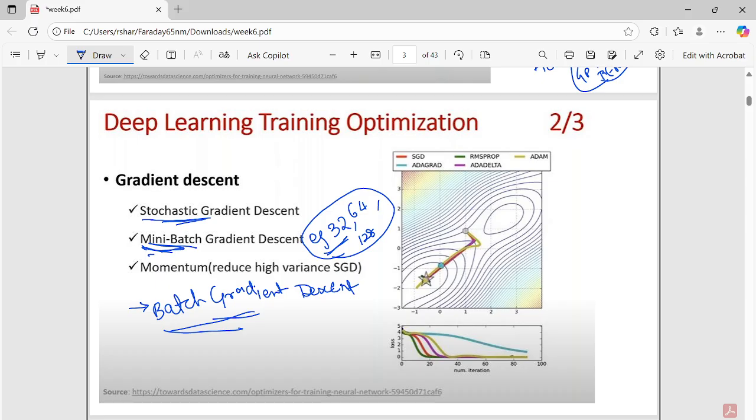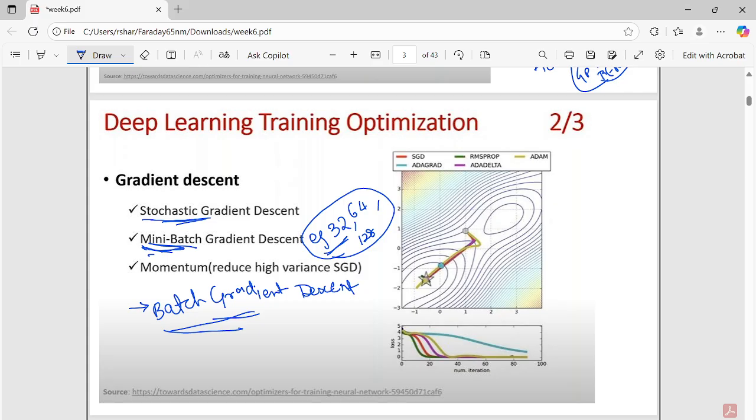So why mini batch? Using mini batch speeds up the training compared to full batch gradient descent, because we don't have to wait for the entire dataset to be processed before updating the weights. Stability wise, the updates are more stable and less noisy than SGD, which uses a single sample, leading to smoother convergence.